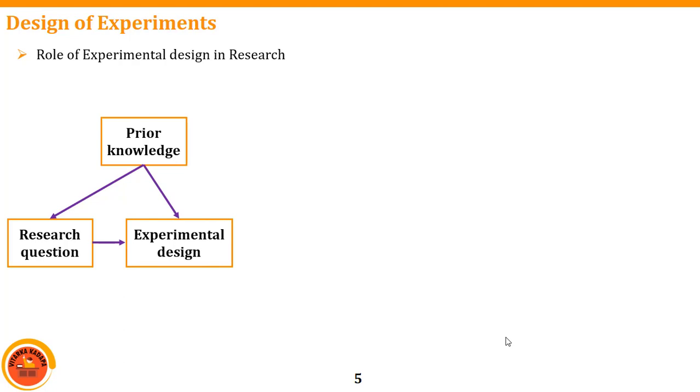Means now you are developing a new material. For that new material, what set of experiments are you going to design? And for that design also you require some kind of prior knowledge. I cannot simply go one factor at a time or some factors at a time like that.